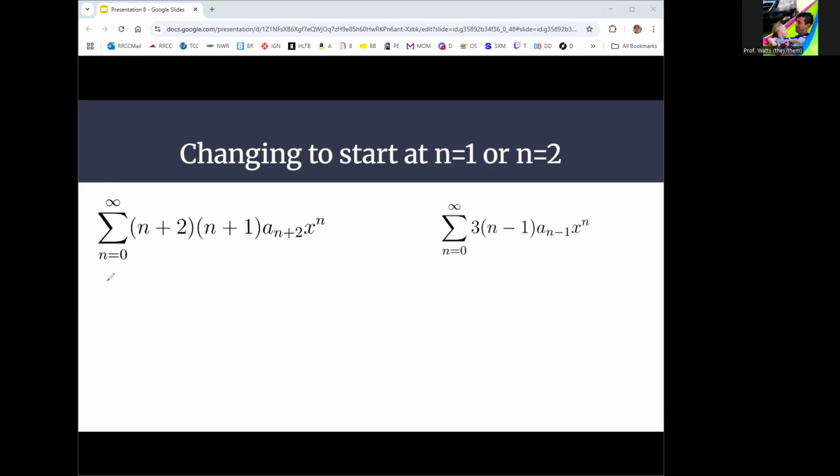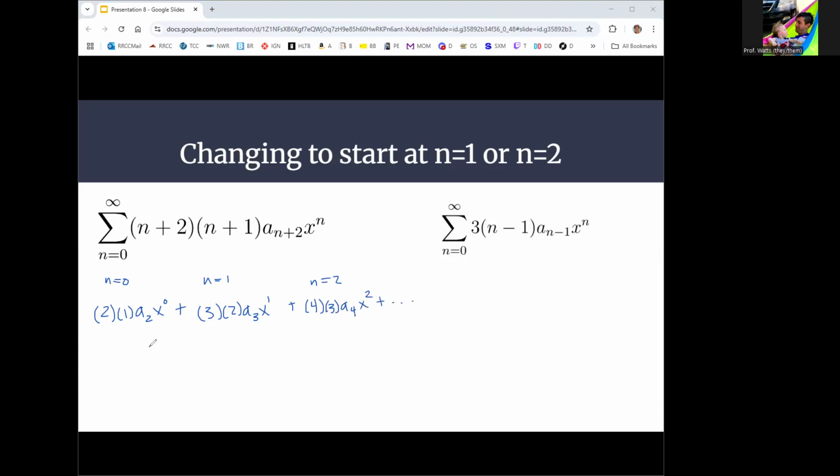When n equals 0, I get 2 times 1 times a2 times x to the 0. And when n equals 1, I get 3 times 2 a3x to the 1. And when n equals 2, I get 4 times 3 a4x squared.